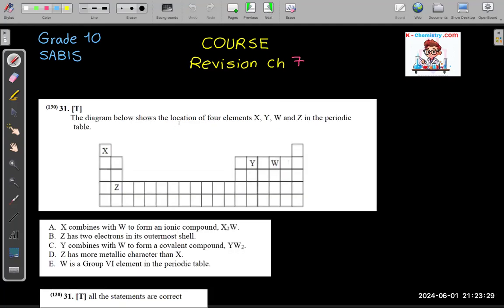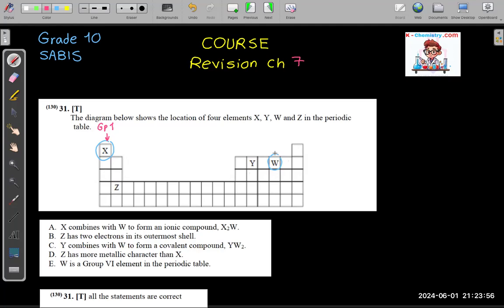The diagram below shows the allocation of 4 elements X, Y, W, and Z in the periodic table. X combines with W to form an ionic compound X2W. Mister, what does this mean? Let's try to do it slowly. X comes with W. X is from metals and W is from non-metals. Which group is X? Group number 1.